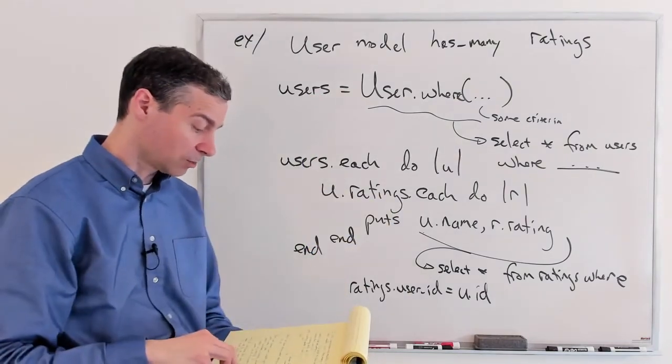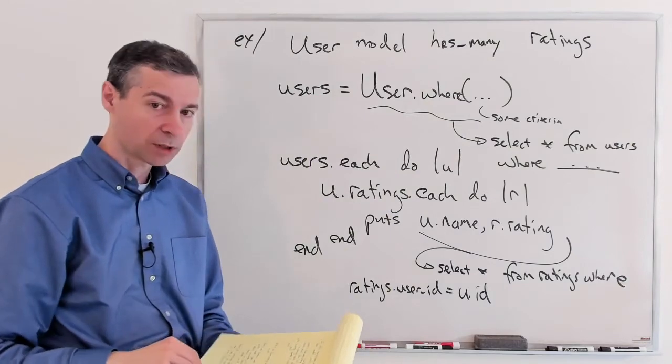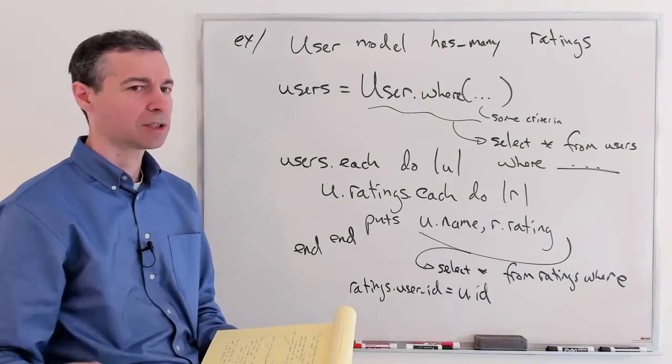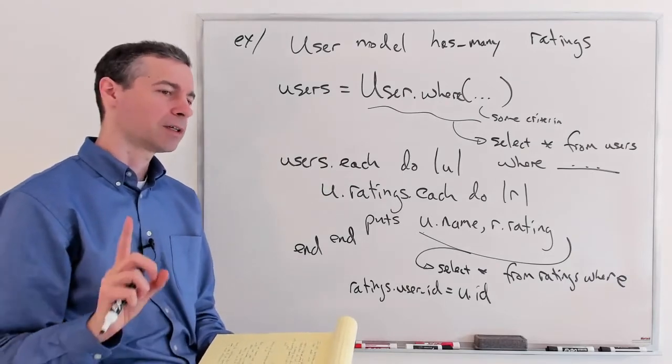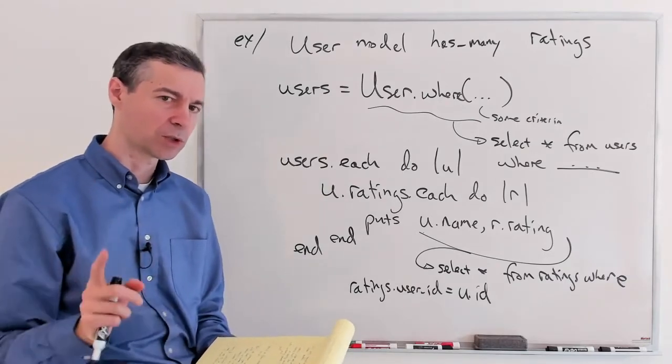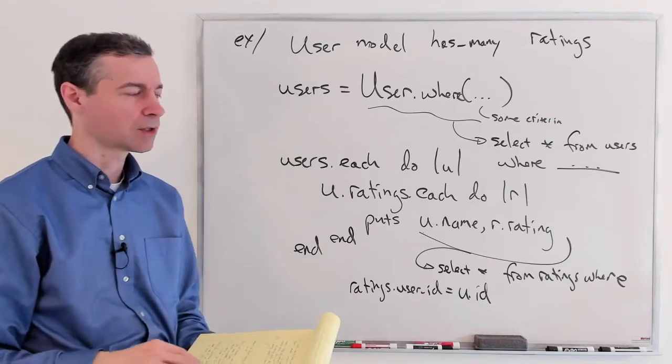And we don't want the n+1 problem. We would like actually to have one query because we know we could do it in one query. Rails doesn't really make it possible to do it in one query. We can get it done in two queries.